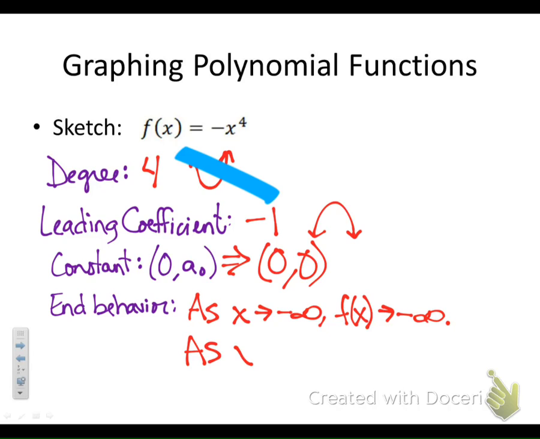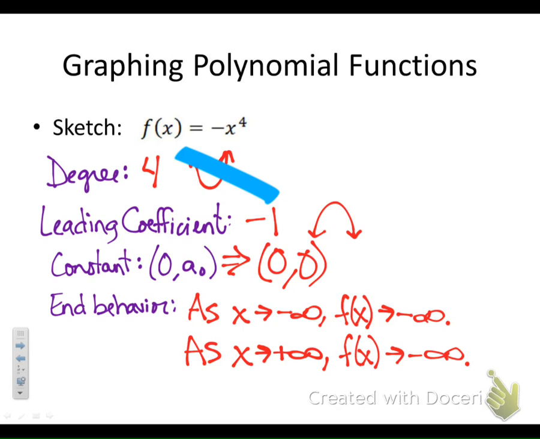As we move right, or as x approaches positive infinity, f of x approaches, wait a second, as we go to the right arrow, it's going down. So to represent that, f of x is approaching negative infinity.